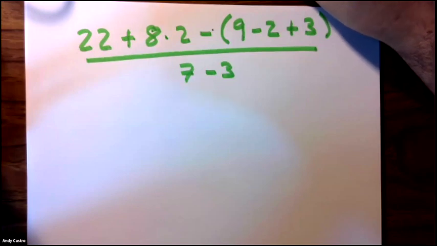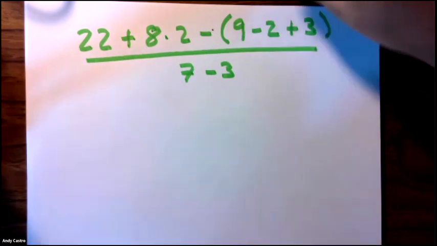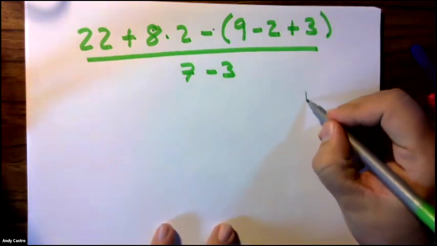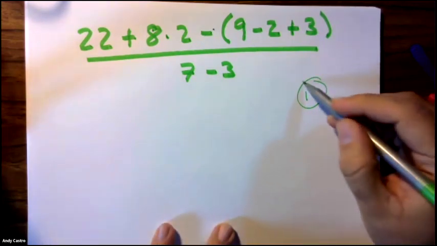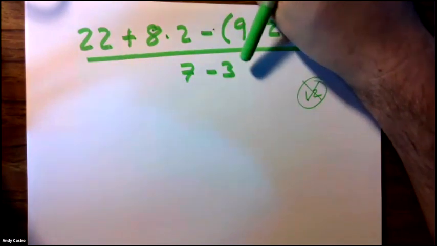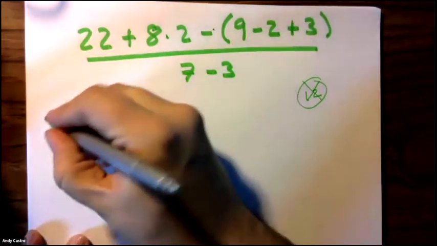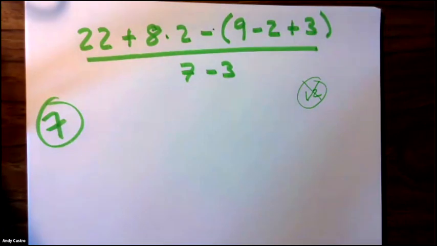All right. So far, out of everybody that's submitted an answer, I've only got one person with the right answer. That's interesting. There are 3 of you that all gave me 12. That is incorrect, but you all landed at that. The correct answer that you're looking for is 7. So those of you that got 12, go ahead and rework it and see if you can see where you went wrong.